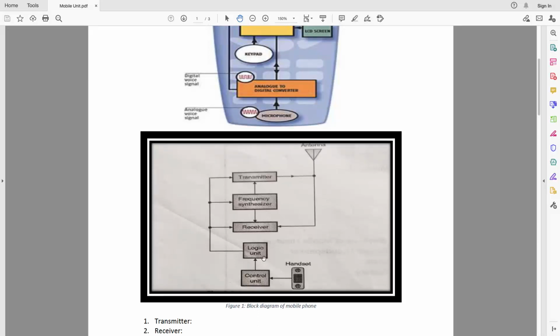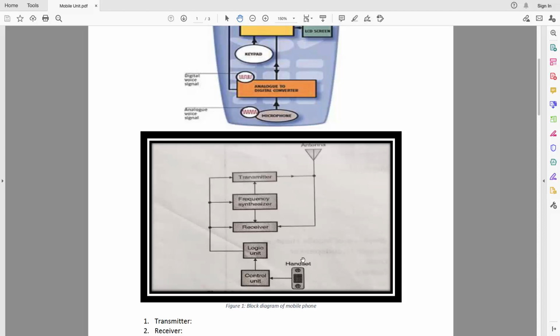Then the logic unit. So what is the function of the logic unit? The logic unit is mostly responsible for all the logical functions that your mobile handset should carry out.